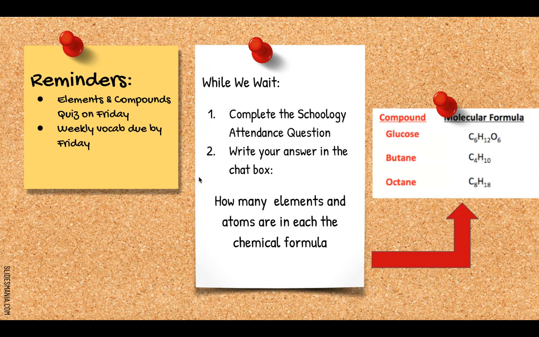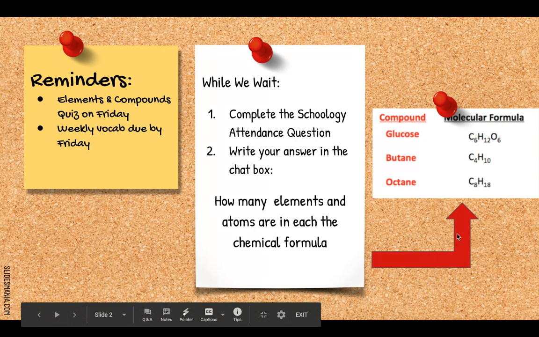But while we are waiting, if you are attending our Zoom live, please go to the Schoology attendance question. Then write your answer to the following prompt into the chat box. Tell me how many elements and how many atoms are there in each of the chemical formulas off to the side.